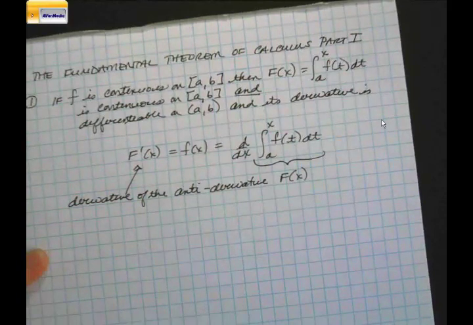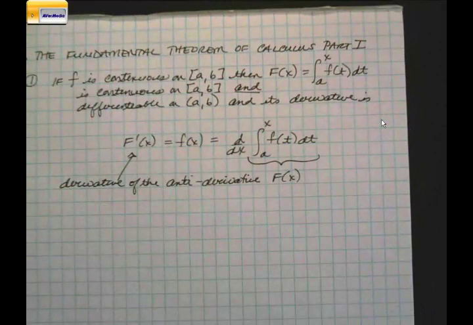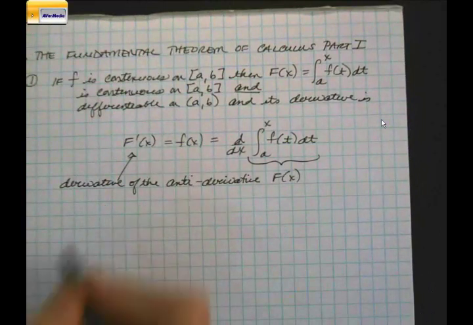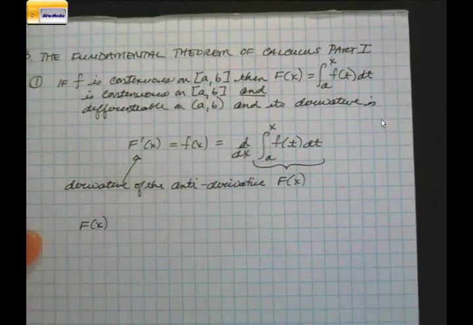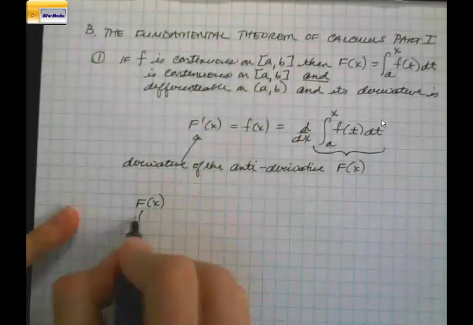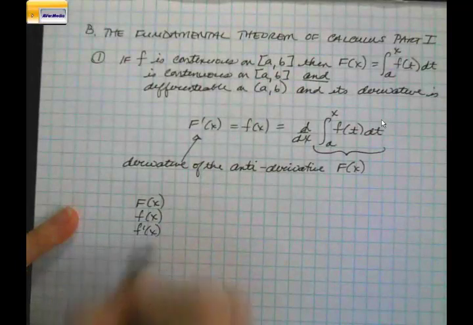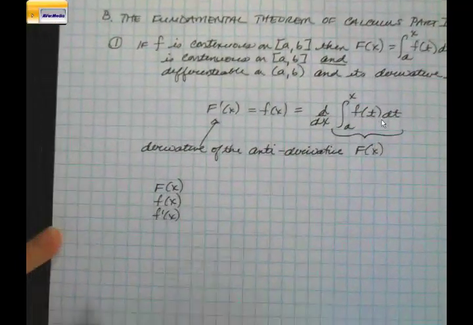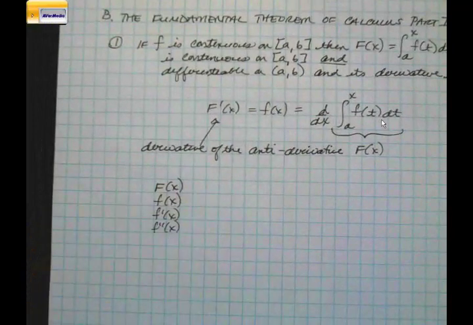Okay, the derivative of the antiderivative is equal to the original function. The derivative of the antiderivative is undoing what was being done. So in other words, here's the antiderivative. You take the derivative of the antiderivative, it gives you the original function. Then you take the derivative of the original function, which we claim to be like velocity. Then you take the derivative of the derivative, and that's acceleration.